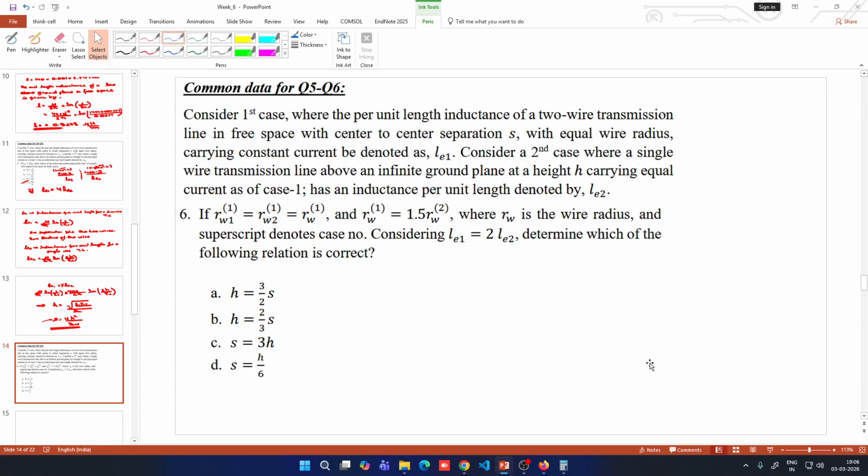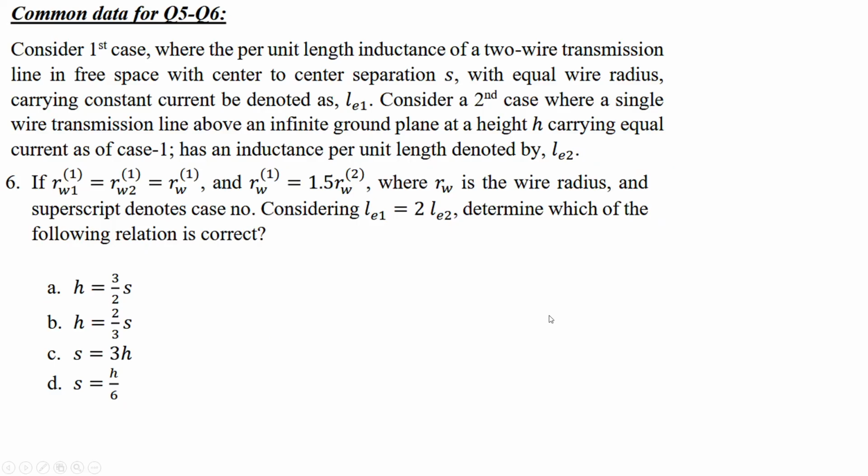Here also the same case is there. Two cases are there, where one is a two wire transmission line, the other one is a single wire transmission line. So now in this, the radii are different.